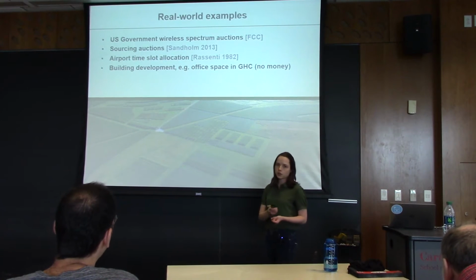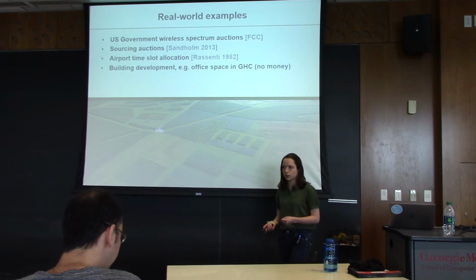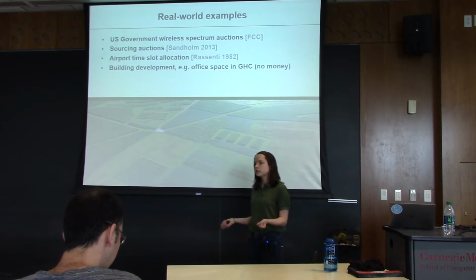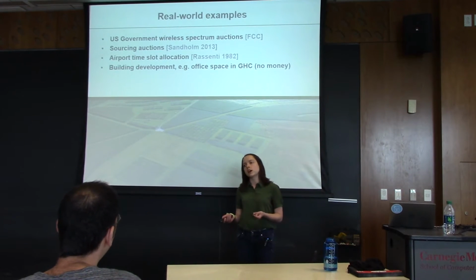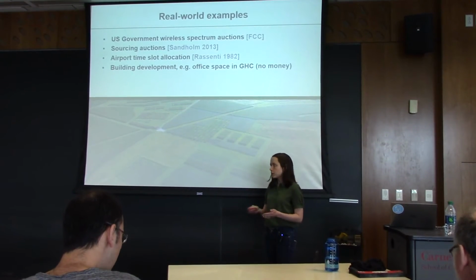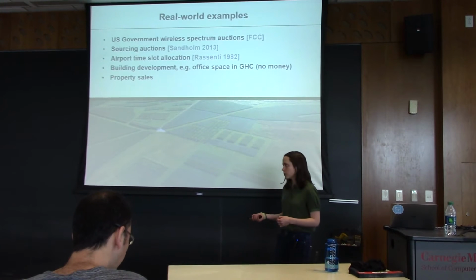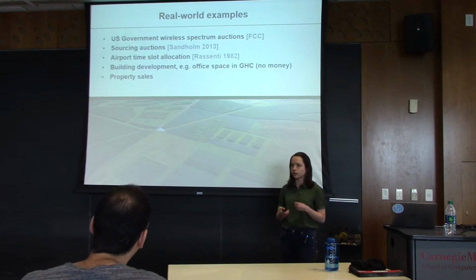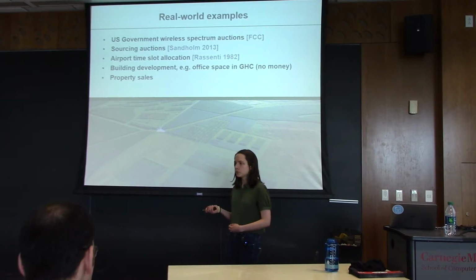For example, I heard that the office space in Gates was allocated via a combinatorial auction. And this makes sense because a professor might especially value an office that is near her lab, for example. And even before combinatorial auctions made it to computer science departments, they were used in property sales.